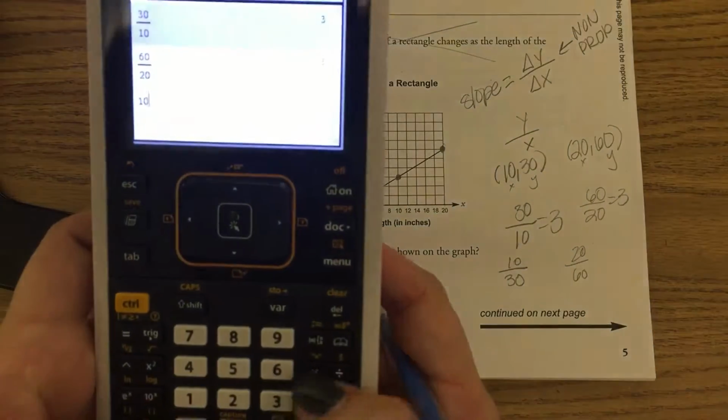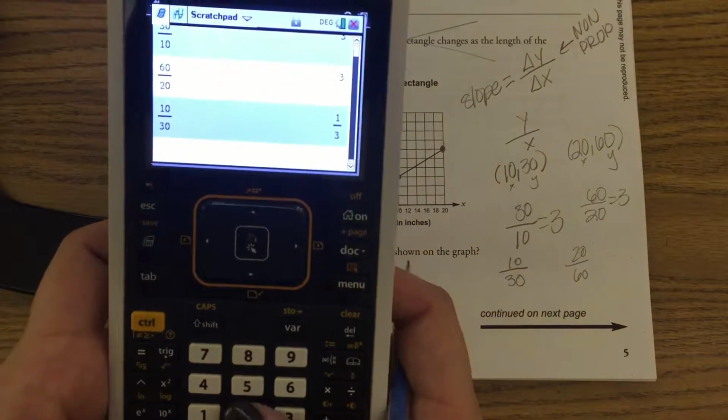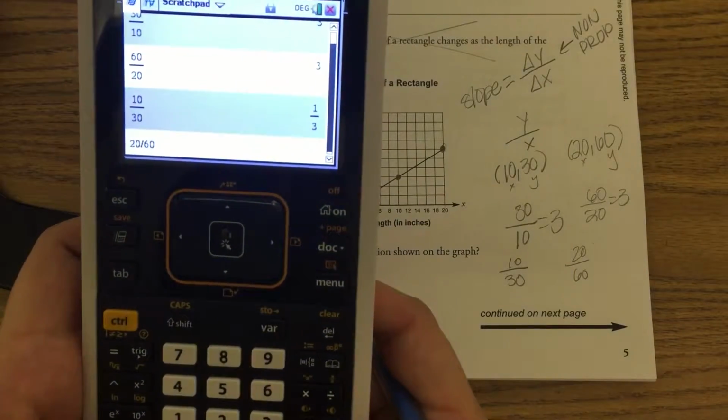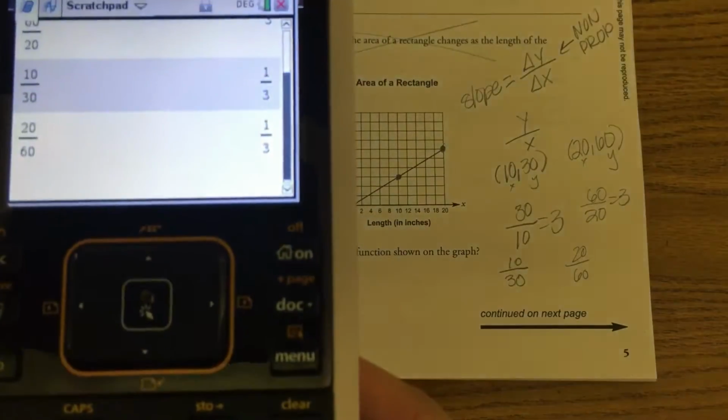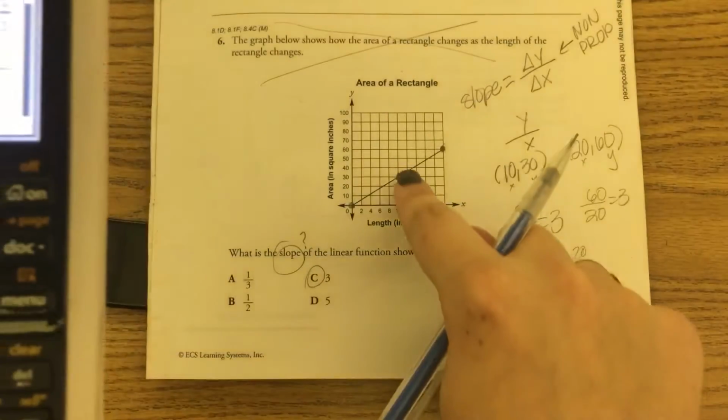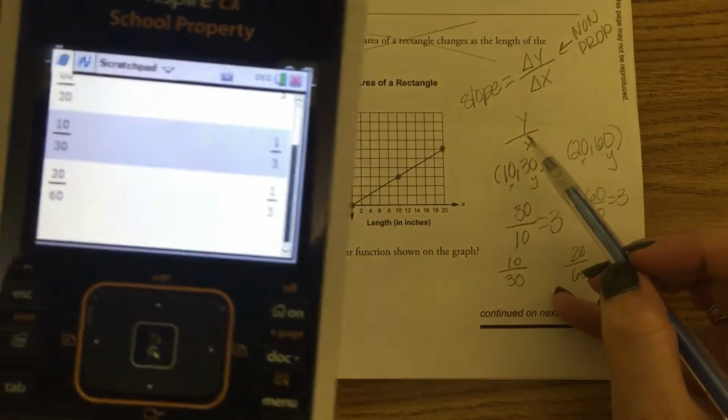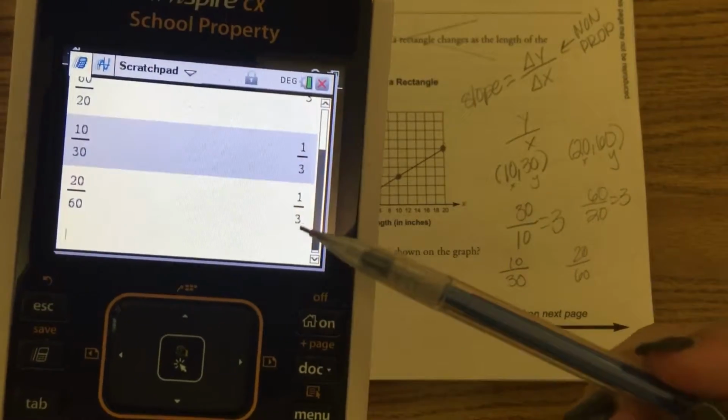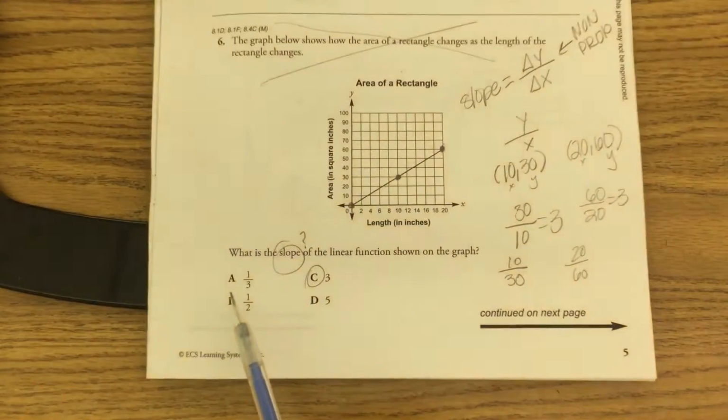Both of those, when put into the calculator, would give you 1/3. So maybe you said, okay, I'm going to check both points just to be sure, and you use the x over y both times. You're going to get 1/3 both times, and so you may feel really sure.